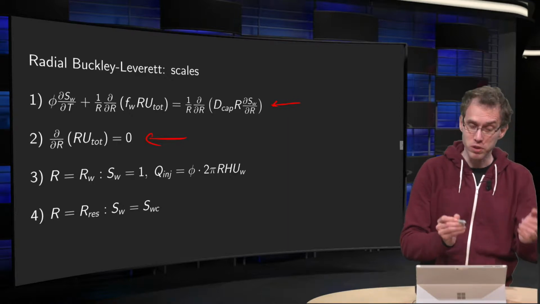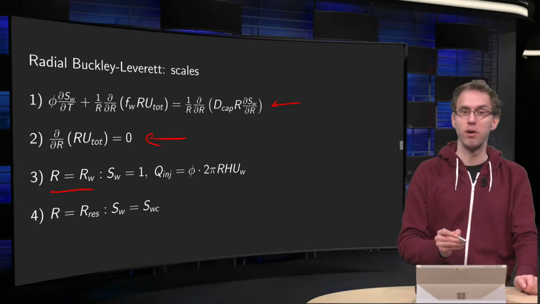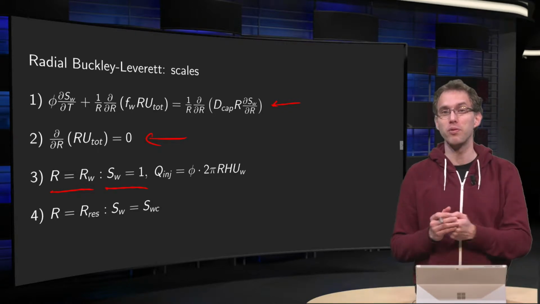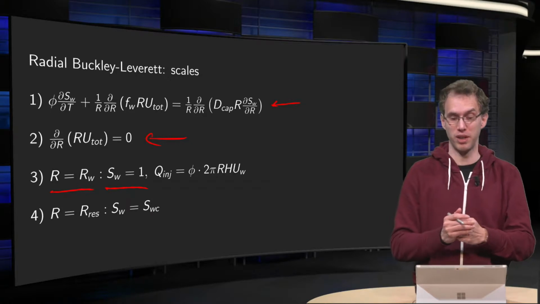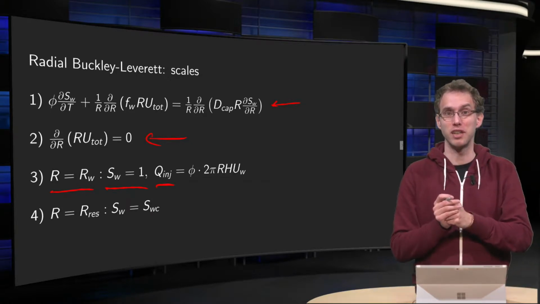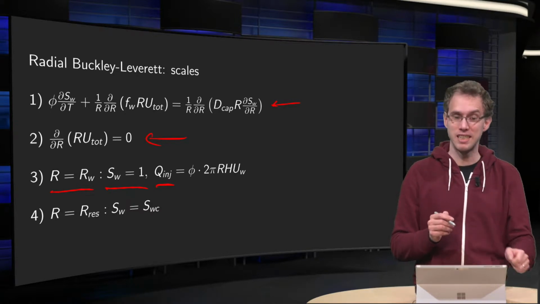Suppose we are injecting water, then at our injection point our water saturation equals 1, and suppose we know what we are injecting, so how fast we are doing it. So suppose we have some Q inject, some injection volumetric flux. So how big is that?